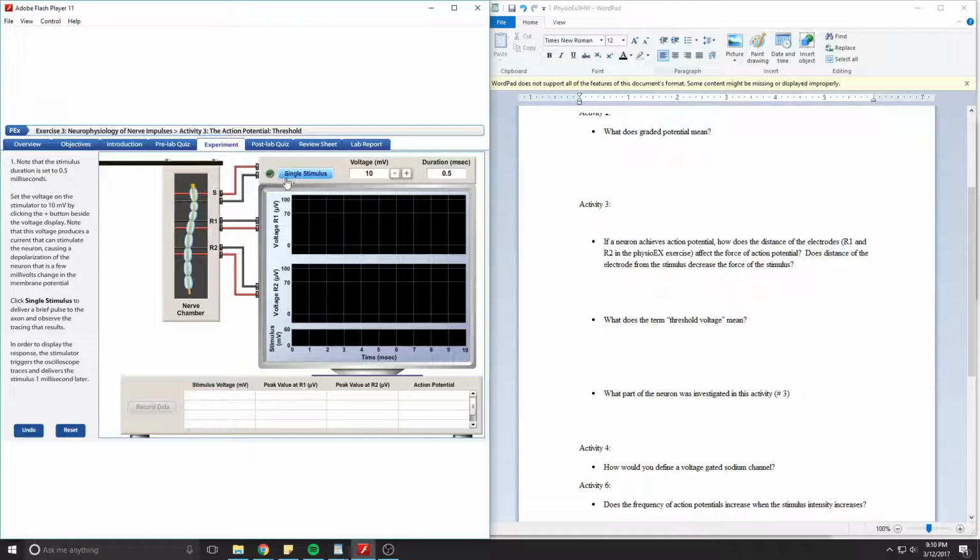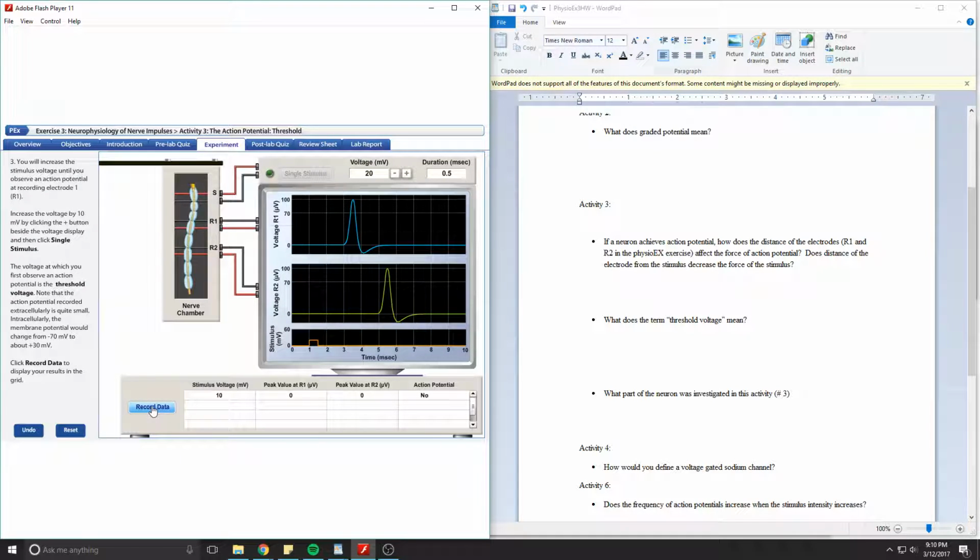Click single stimulus to deliver a brief pulse. Record the data. You will increase the stimulus voltage until you observe an action potential at the recording electrode. Alright, so we're going to hit plus, stimulate.